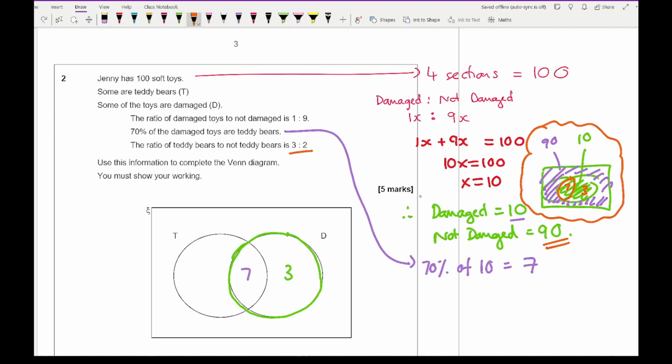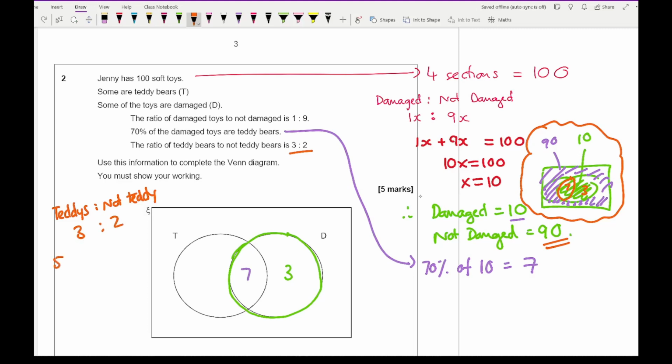So I know that I've got 7 teddy bears here. So the teddies to not teddies is in the ratio of 3 to 2. Now again, how many teddy bears are there and not teddy bears? Well, we know that there's 3 parts.